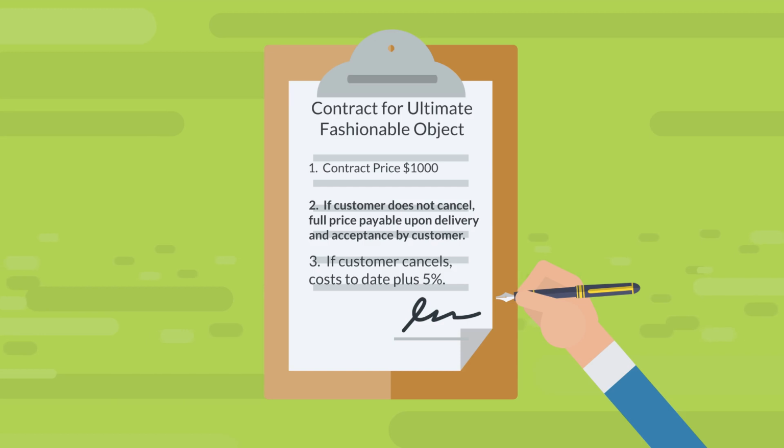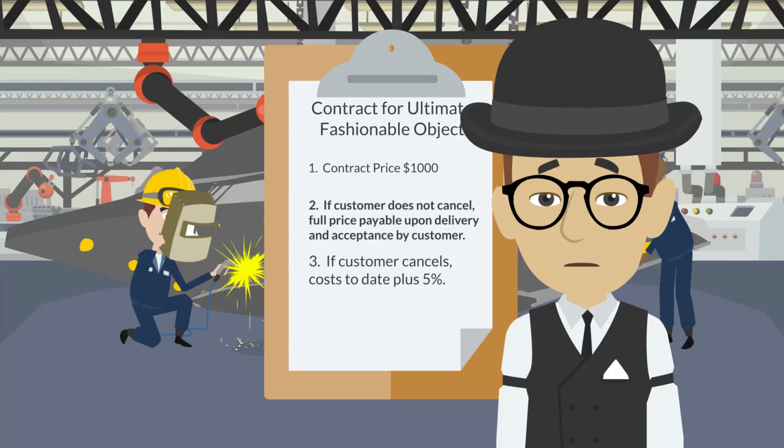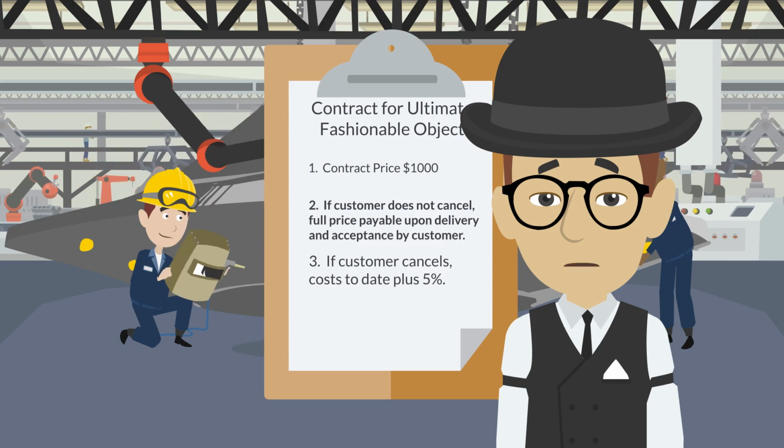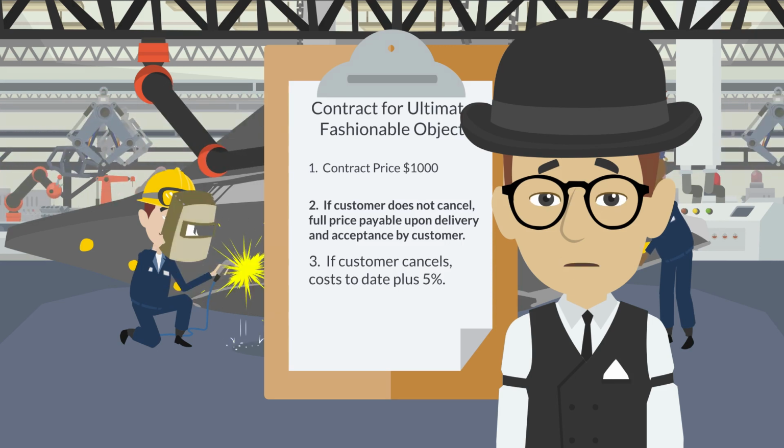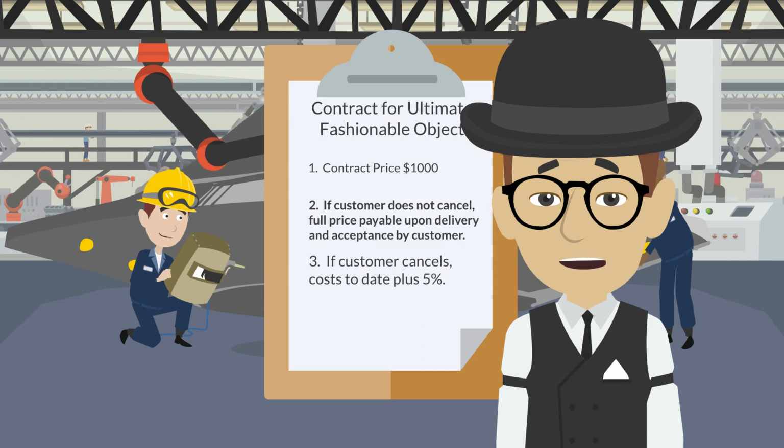But unless the customer cancels the contract, you're not entitled to actual payment of any portion of the contract price until delivery, which you expect to occur sometime the following tax year. As of the end of year one, the customer has not canceled the contract, so does not actually have to pay you anything yet.